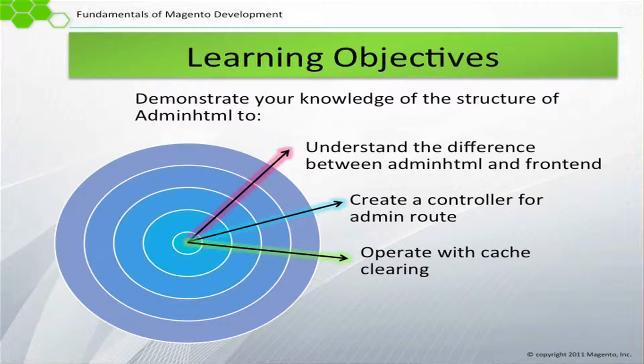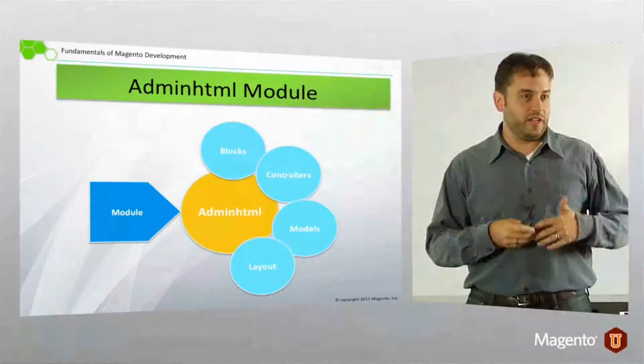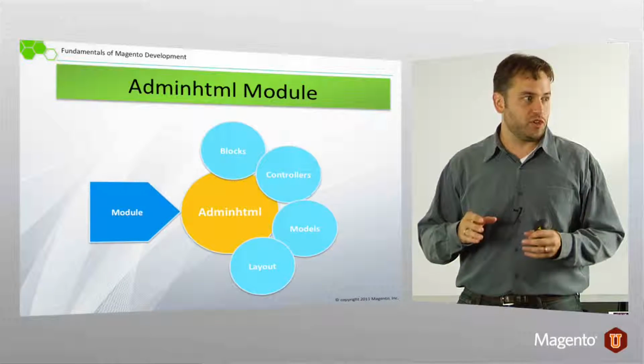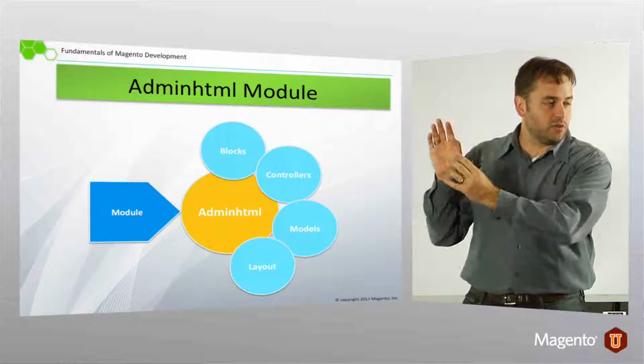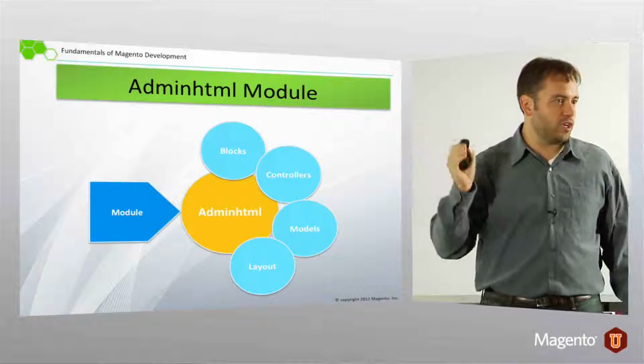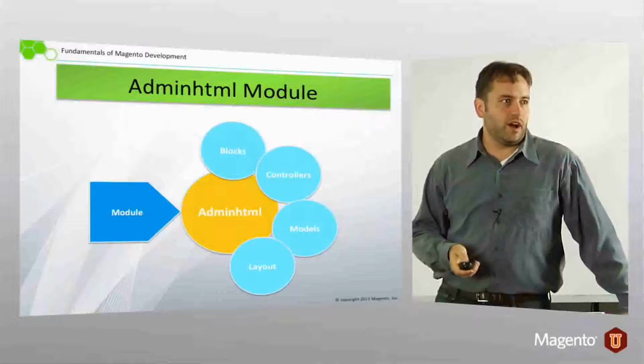Adminhtml. Everyone by now I know has seen the Adminhtml panel, and the first thing that we have to revisit is the Adminhtml module. So you'll recall in our modules and in other modules in the core, we have this nice, pretty presentation of namespace, module name, and then blocks, controllers, helpers, models, and then our files underneath that.